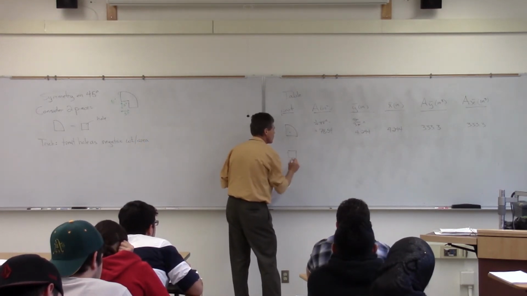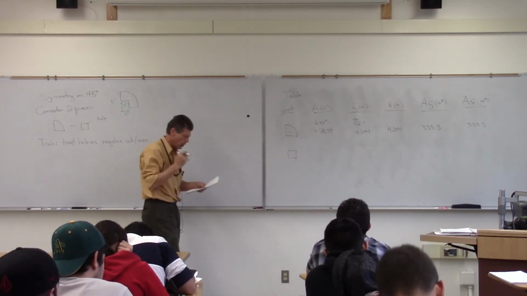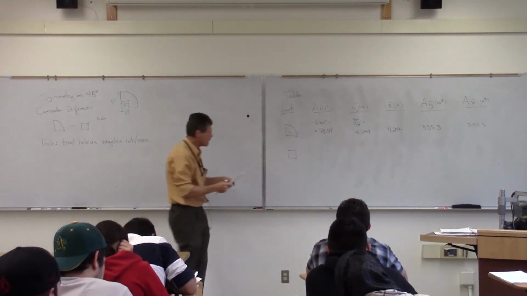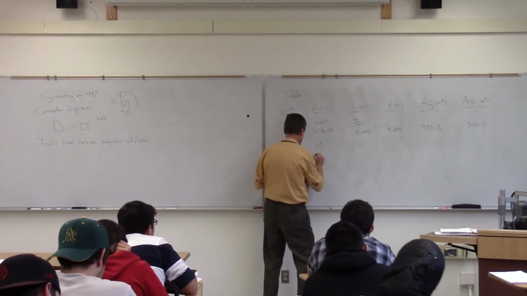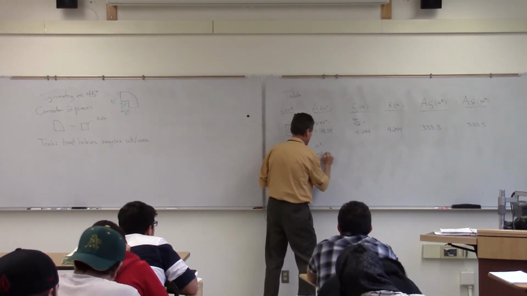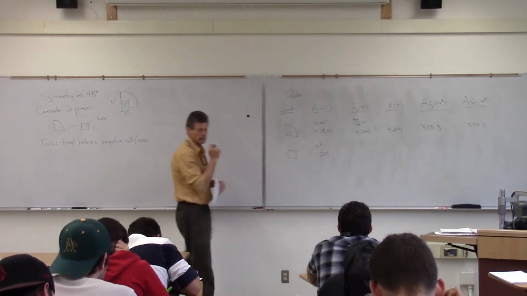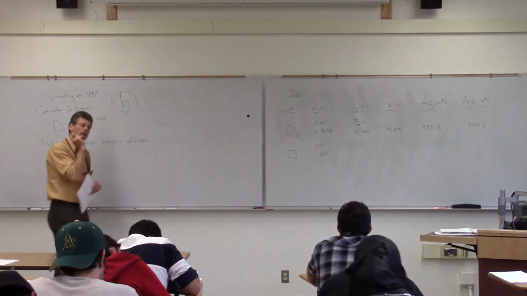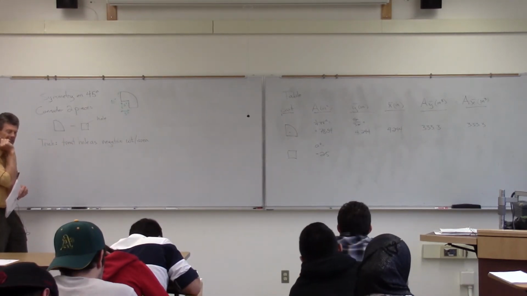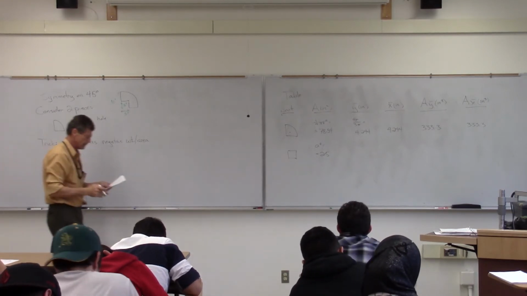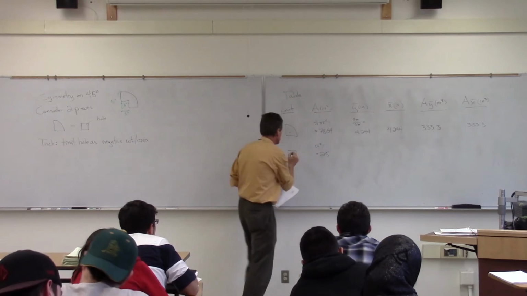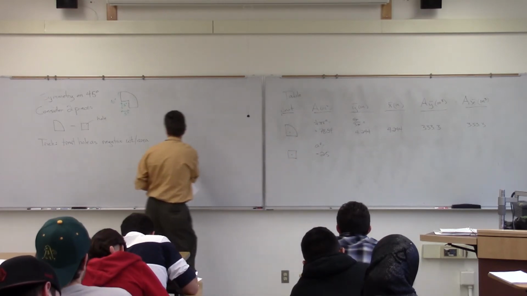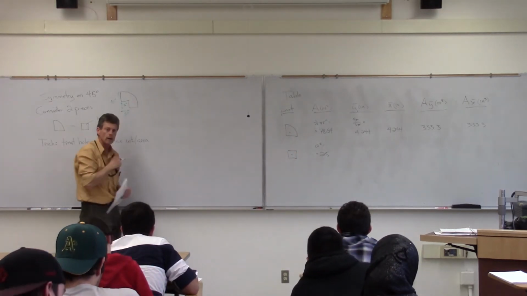Now the next piece I want to look at is my square, my whole. But again, this is where the trick comes in. Now it's going to be a squared, or 5 times 5. But I'm going to call it a minus 25 now. So I'm going to treat it as a negative area. Now, I need to locate the centroid of that particular piece, which will be about there.